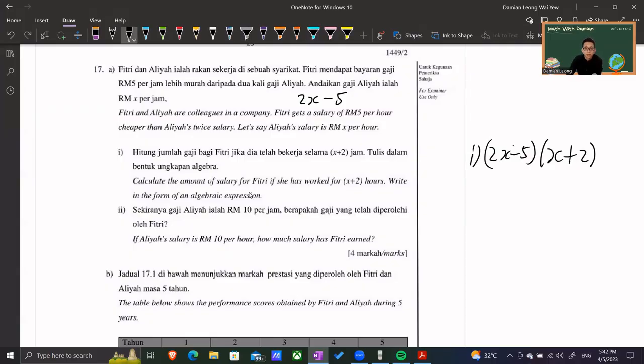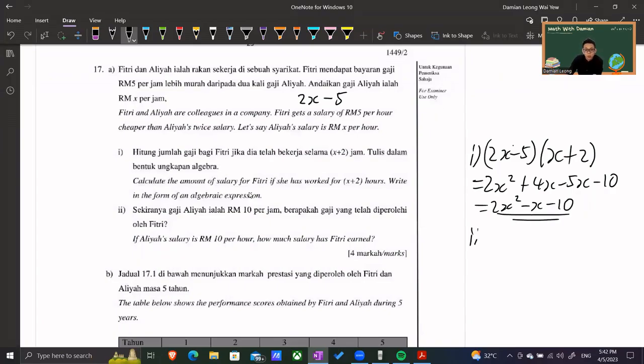Yeah, that's the amount in an algebraic expression. Yeah, so I can expand this. 2x squared plus 4x minus 5x minus 10. So it's 2x squared minus x minus 10.